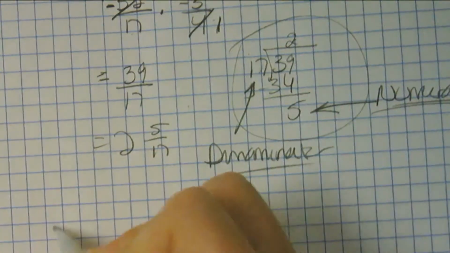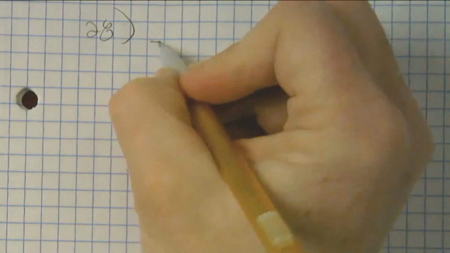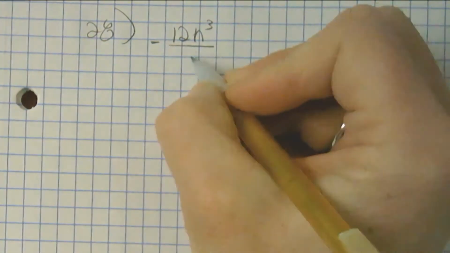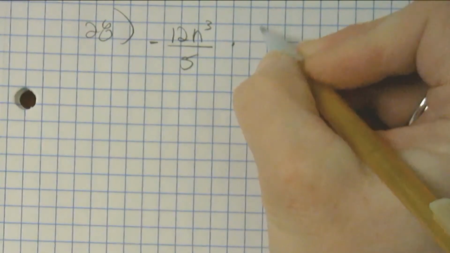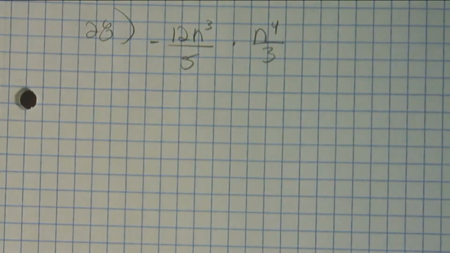Awesome. All right, let's take a look at 28. Who asked me for 28? Okay, so 28, we have a negative 12 times n to the third over 5 times n to the fourth over 3. Is this the one you're talking about? Okay.